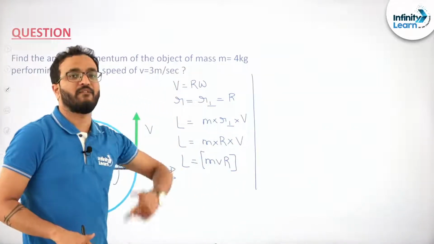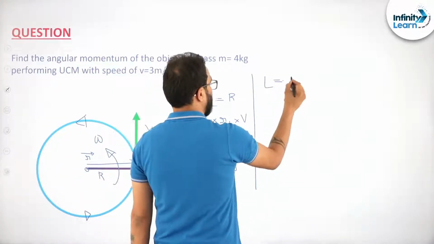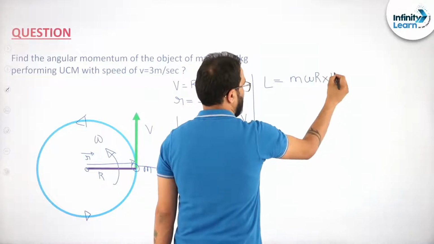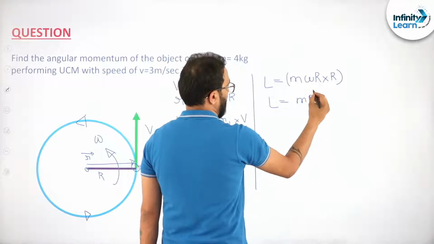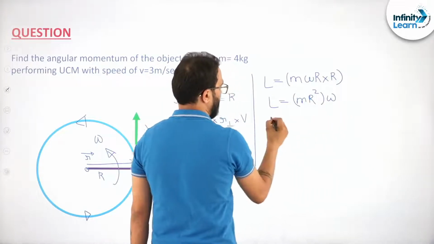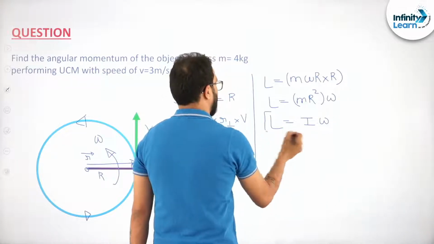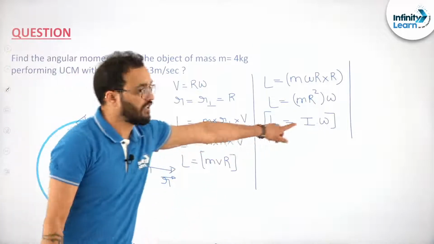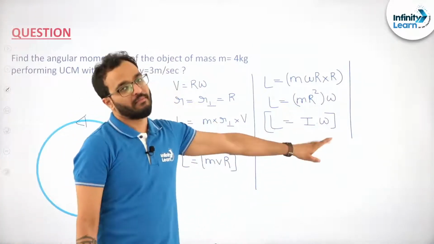Anyways, L is mvr. Another thing we can do is L is m omega r into r, such that it is m r squared into omega, where m r squared is its moment of inertia also. So it can be I omega as well, that means the moment of inertia of this point mass into omega. This is also one method.